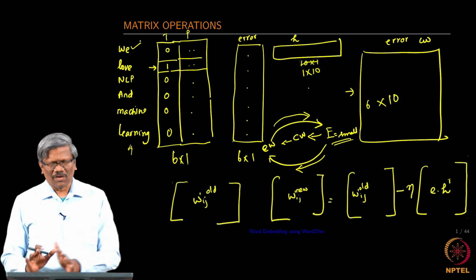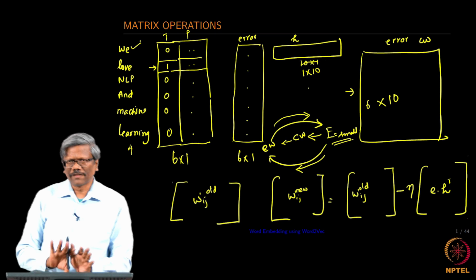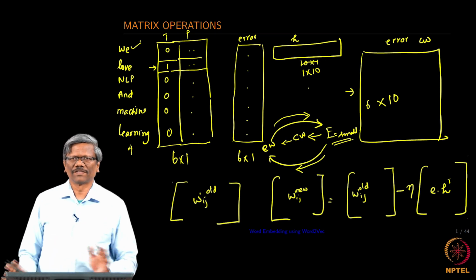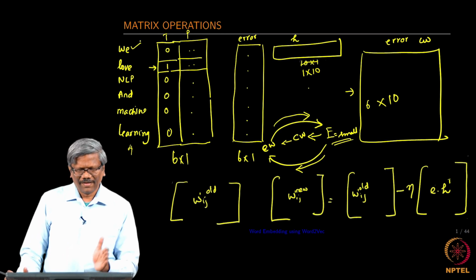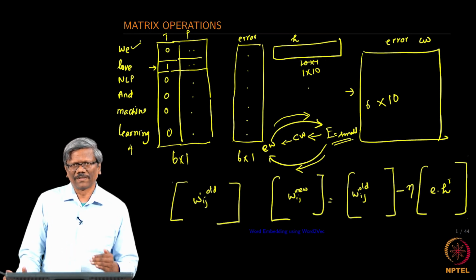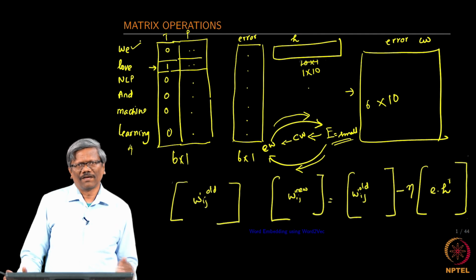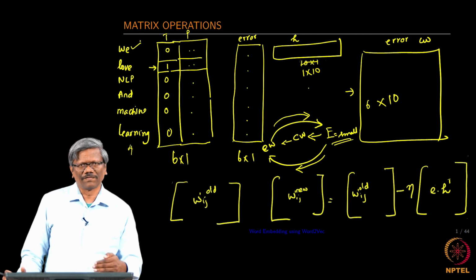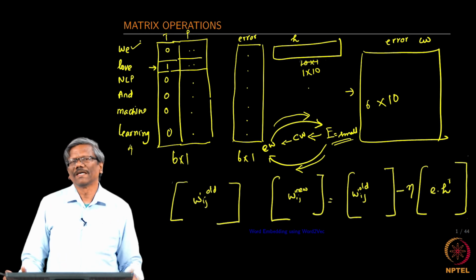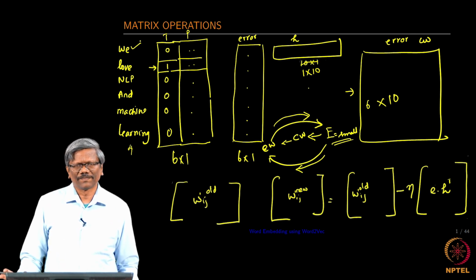Once this operation is completed, we can actually throw away the context layer and the hidden layer. The embedding layer will give you the index of the word that we want to find. Supposing you want to find the word vector for love, it is nothing but the index of that row in the embedding matrix.